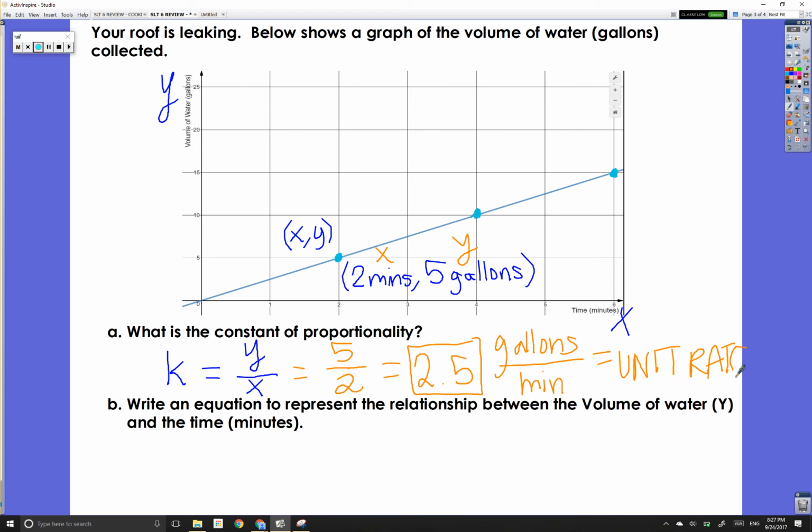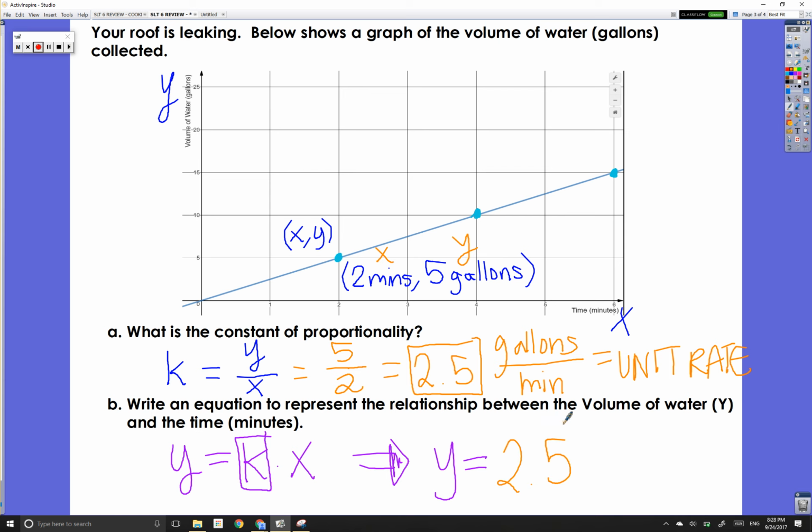Okay? The second question that we're going to answer is writing the equation. The equation always looks the same, and so your equation always has y equal to k times x, where k is the constant of proportionality. So using part A, the equation looks like y is equal to the constant of proportionality that we found was 2.5.